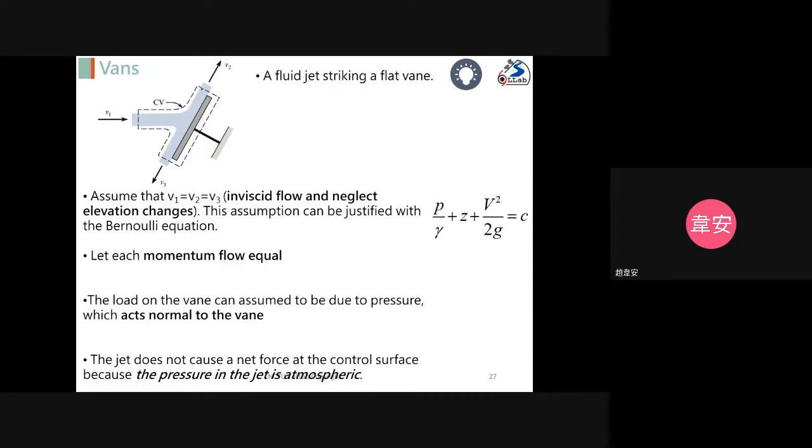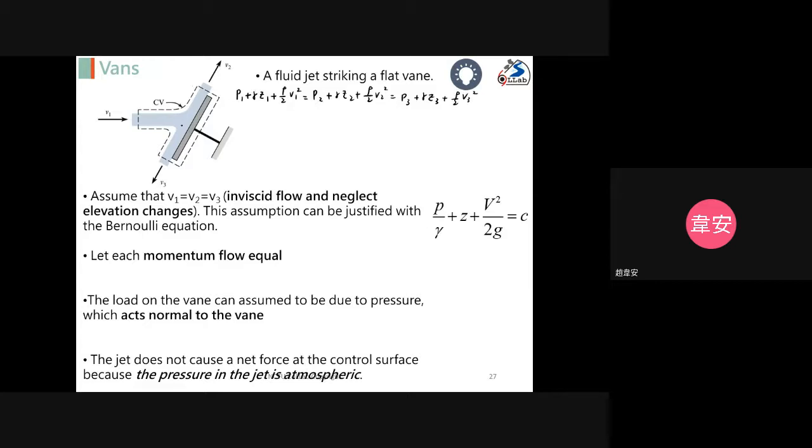Following the Bernoulli equation, we know that P1 plus gamma Z1 plus 1/2 rho V1 squared is equal to P2 plus gamma Z2 plus 1/2 rho V2 squared, and also equal to P3 plus gamma Z3 plus 1/2 rho V3 squared.